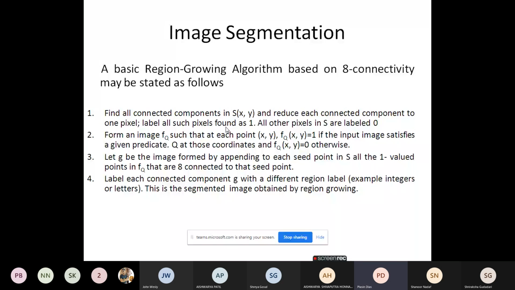Here, when we consider f of x comma y, we are talking about an input image, and when we consider s of x comma y, we are considering it as a seed array containing ones at the location of the seed point. Otherwise, we consider it as 0. Here Q is considered as a predicate to be applied to each location of x comma y.